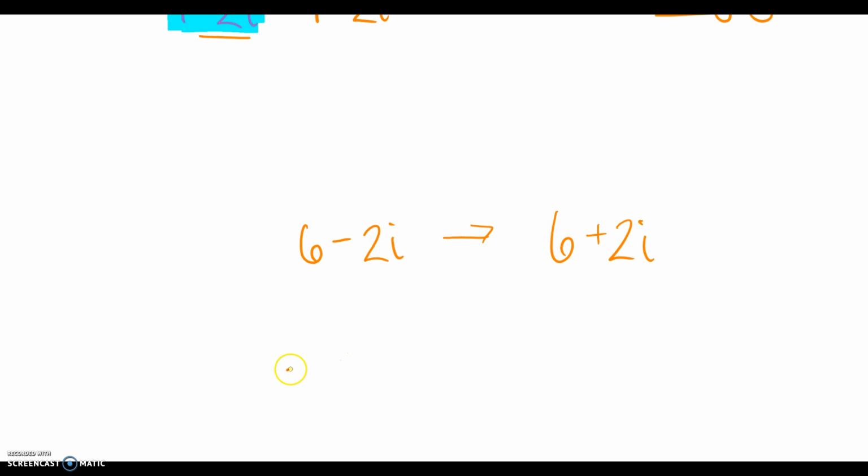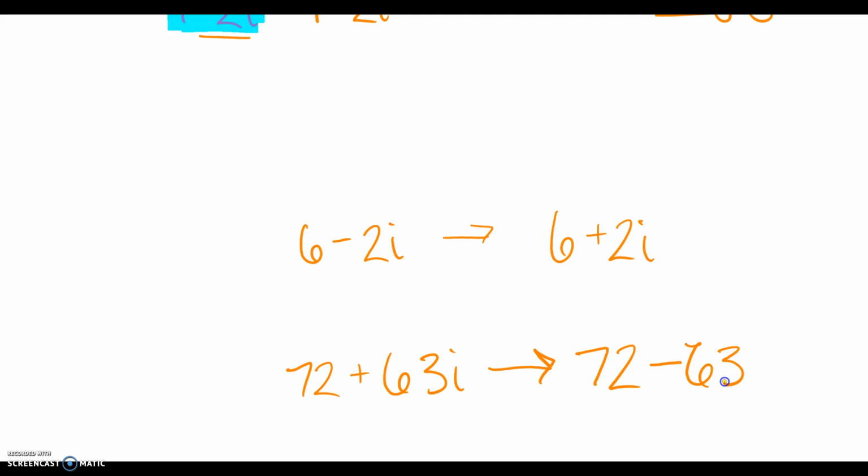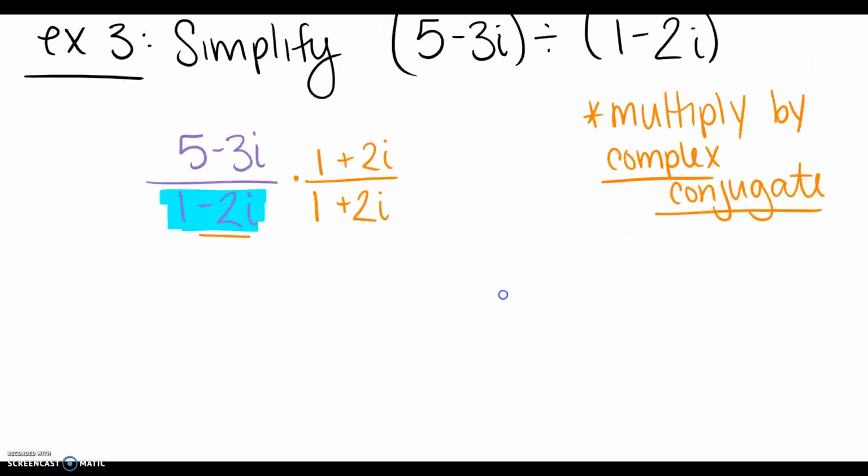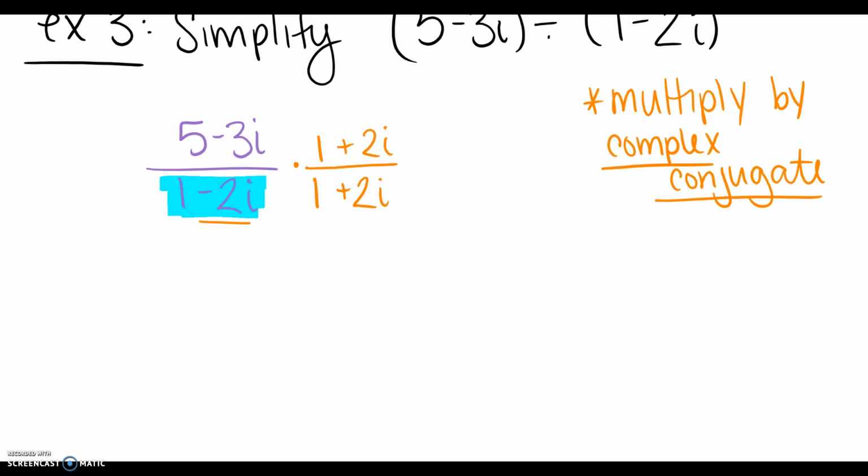If you had 72 plus 63i, complex conjugate is 72 minus 63i. Anyways, so the reason we need to multiply by the conjugate is we're trying to get i out of the denominator. We don't want it to be complex. We don't want it to be imaginary.